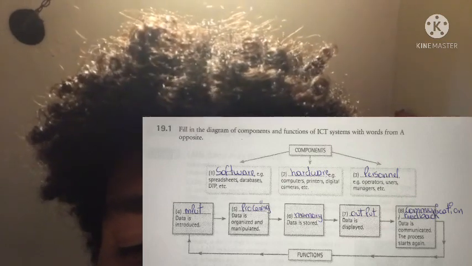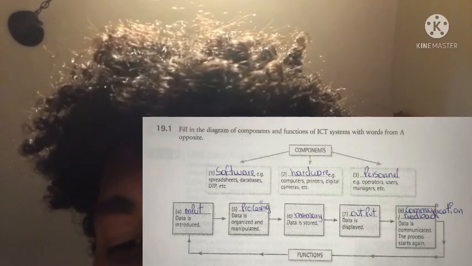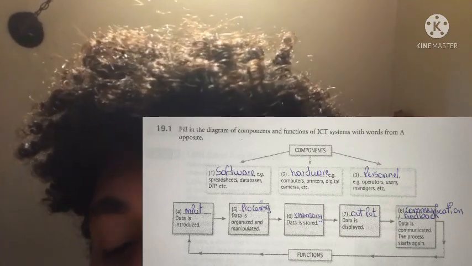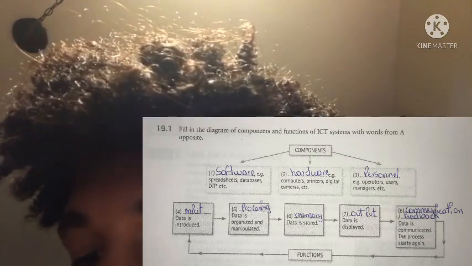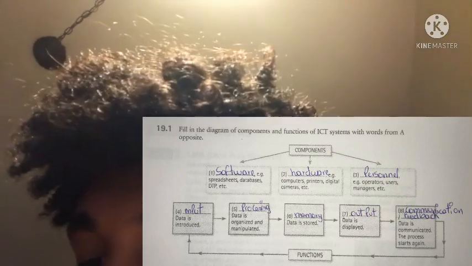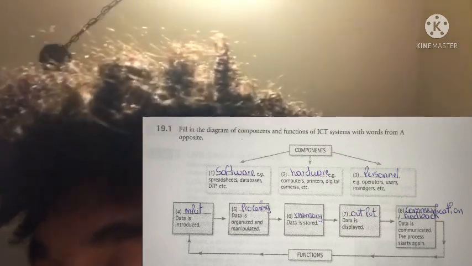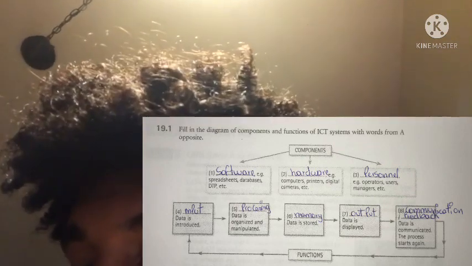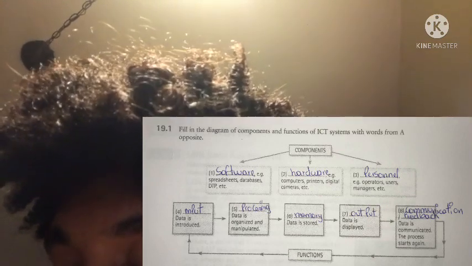Input. Data is introduced. 5. Processing. The data is organized and manipulated. 6. Memory. Data is stored. 7. Output. Data is displayed. 8. Communication and feedback. Data is communicated. The process starts again.